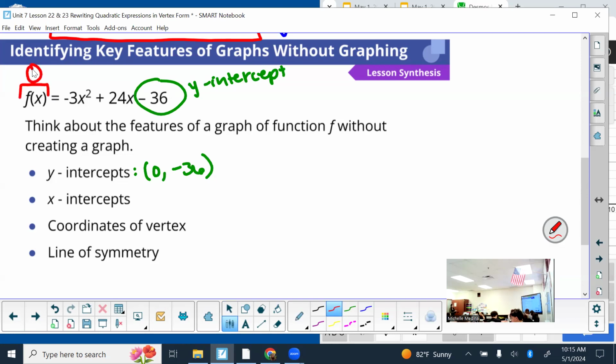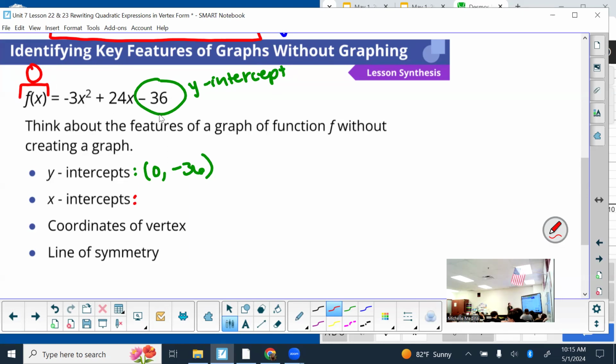So if I make this 0 and I start solving for x, it's really easy to see my zeros when this is in factor form. So that's what I'm gonna do. We might have done it another way, but I'm not supposed to do it with graphing, so factoring would be the easiest way to see my x-intercepts.